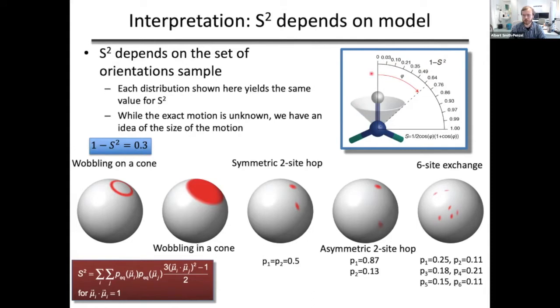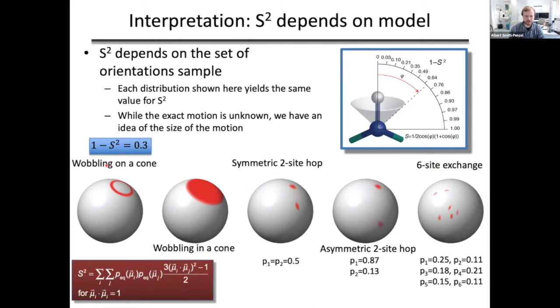Now the problem is, though, I don't really know that that is the way my orientations are sampled. My orientation sampling could happen a lot of different ways, and just to show you some examples, these are just simple models. It need not be one of these simple models: wobbling in a cone, a symmetric two-site hop, where these sites are equally populated, and here these two sites are not equally populated, and then a multi-site exchange.